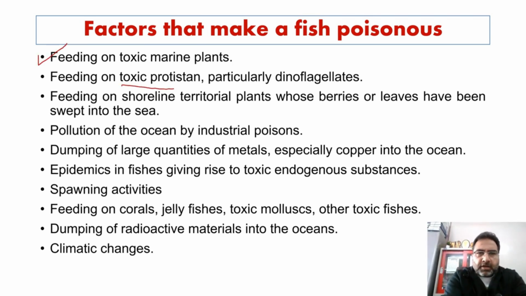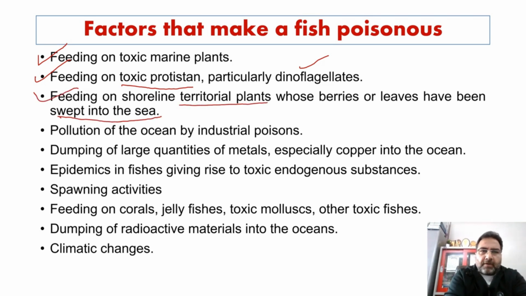Feeding on toxic protists, particularly dinoflagellates. Feeding on shoreline terrestrial plants whose berries or leaves have been swept into the sea and eaten by the fishes causes the accumulation of poison in the fishes.